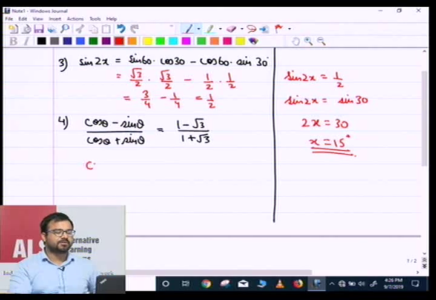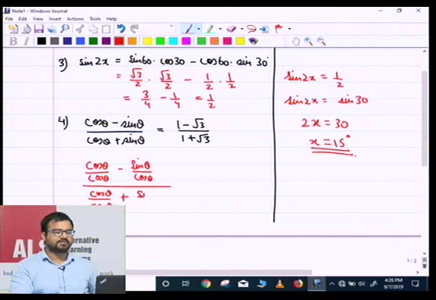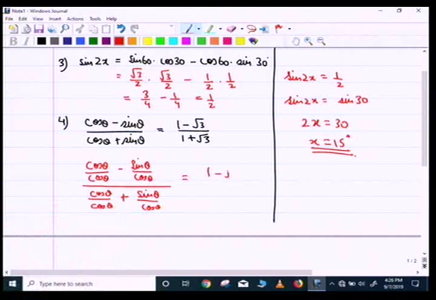If you divide by cos theta, it will become cos theta by cos theta minus sin theta by cos theta, divided by cos theta plus sin theta by cos theta, and the right hand side as it is.